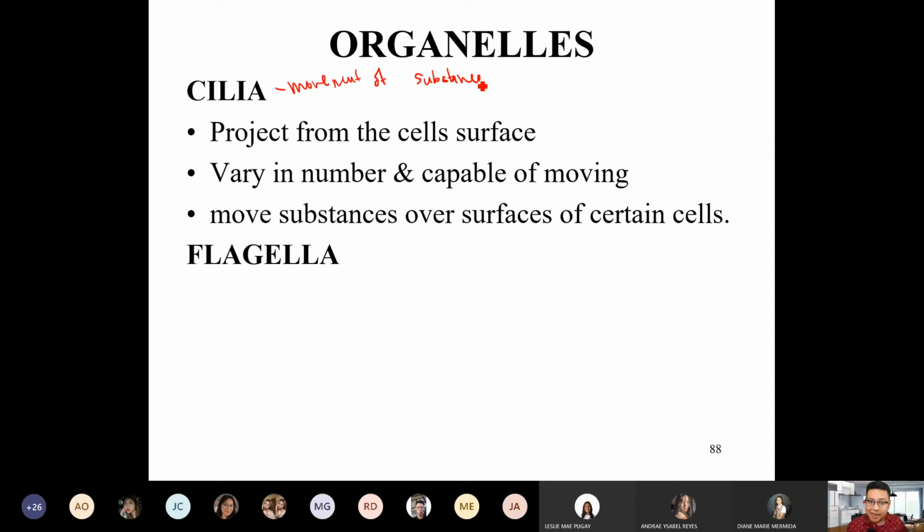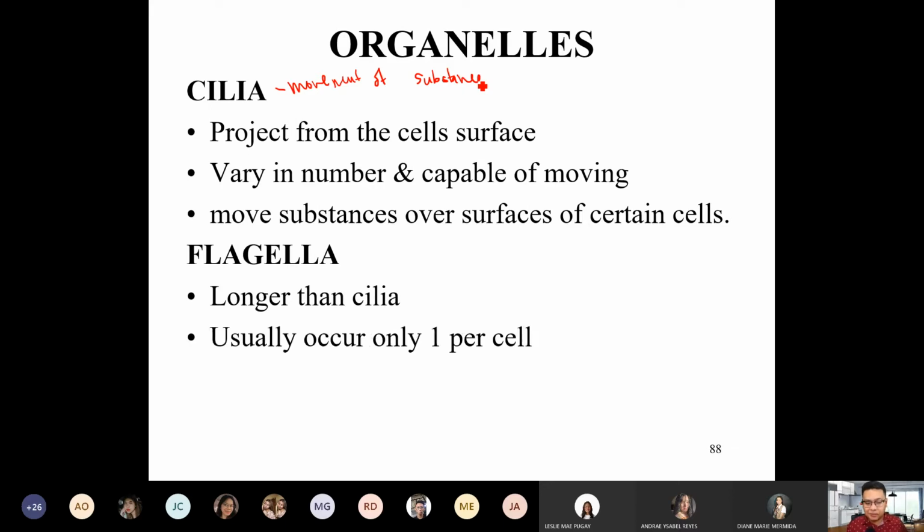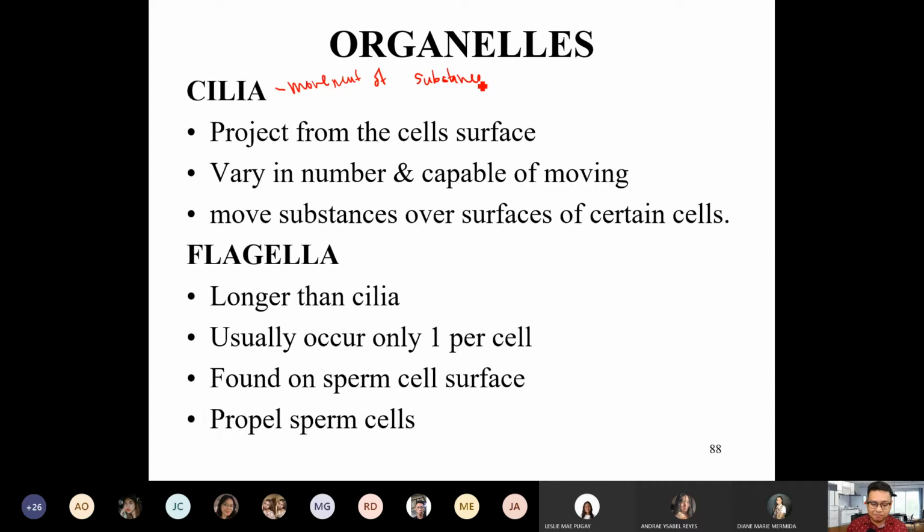Unlike our flagella, it is much longer and stronger than our cilia. It looks like a large tail. It usually occurs one per cell, and usually it is found in sperm. And its main role is to propel sperm cells.